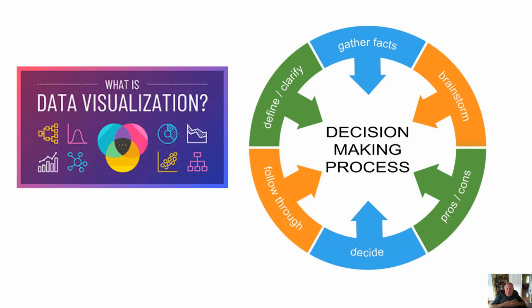You could give me a whole stack of numbers, but if you can show me a little chart that tells me everything I need to know, I'm more efficient as a manager, as a leader, and I can use that information more. Why do I need the information? To make decisions. I have to gather facts, then brainstorm pros and cons, decide, follow through, and define clarity. Plan, do, check, act. So I'm always going to be looking at this data, and it becomes part of the decision-making process.